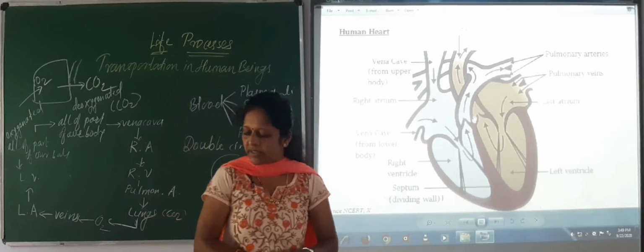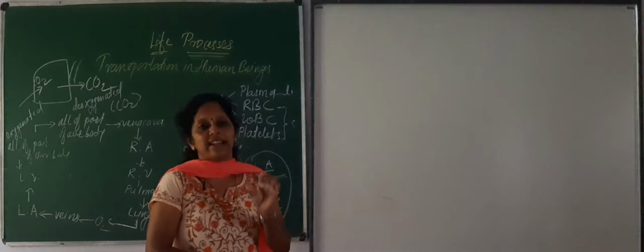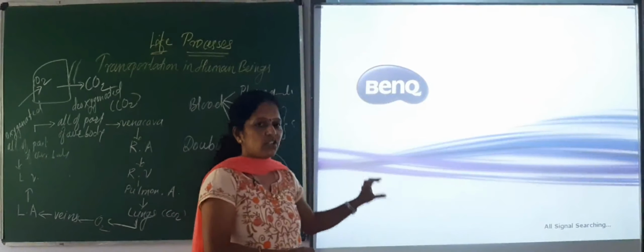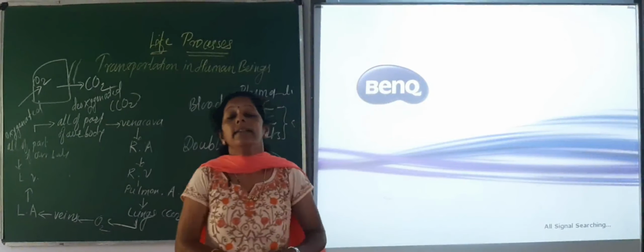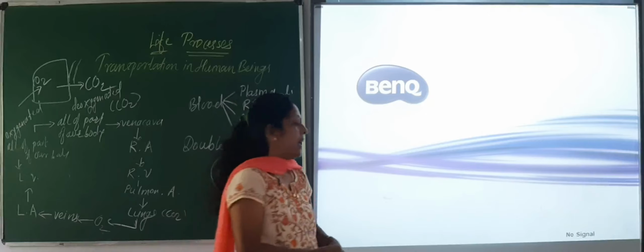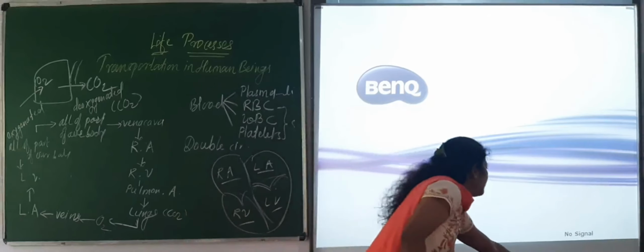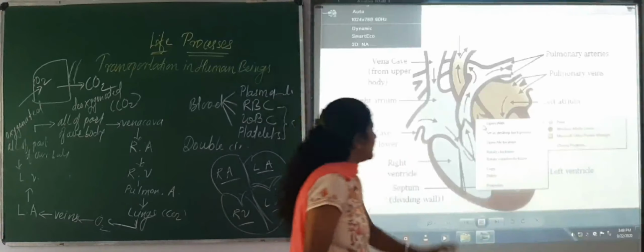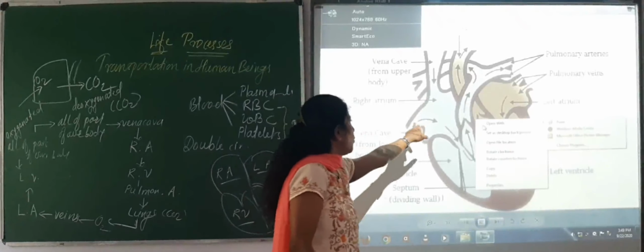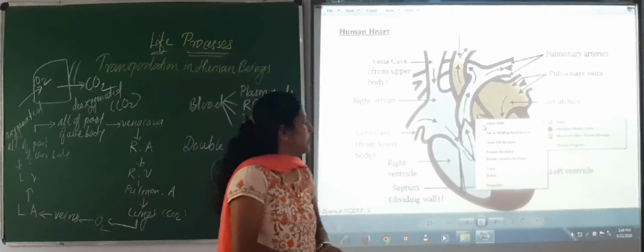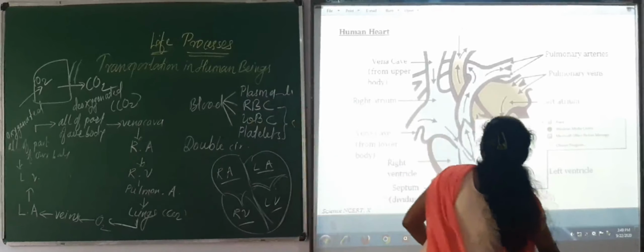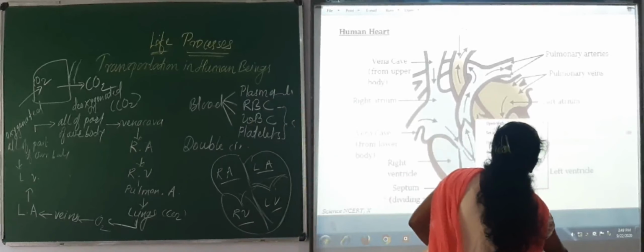The small capillaries join each other and form veins, as you are observing in this diagrammatic representation.